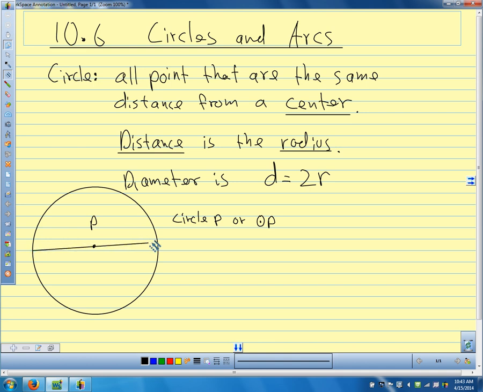Our diameter goes through the center. So that segment would be the diameter. The radius goes from the center to the circle itself. So this would be a radius.